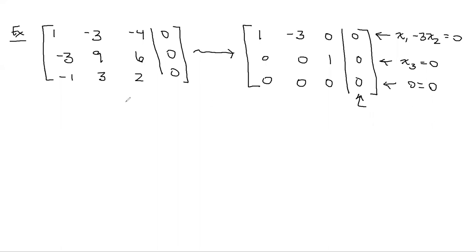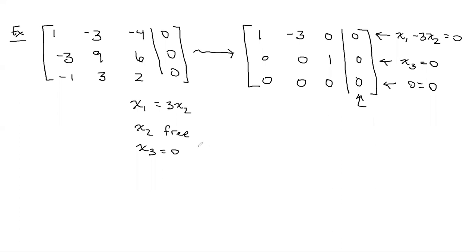And the way that we have written up our answers in the past is, let's write them up so that we see what x1 equals, we see what x2 equals, and we see what x3 equals. In this case, x1 is going to equal 3x2, x2 is free, and x3 is 0.